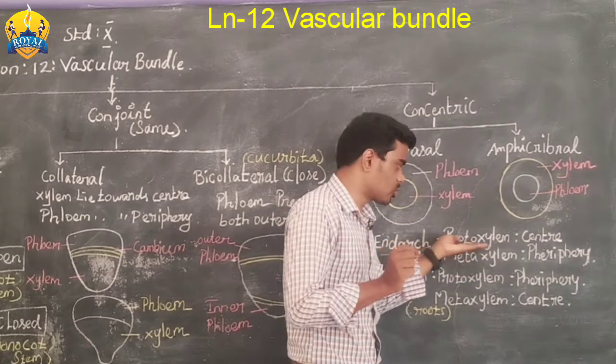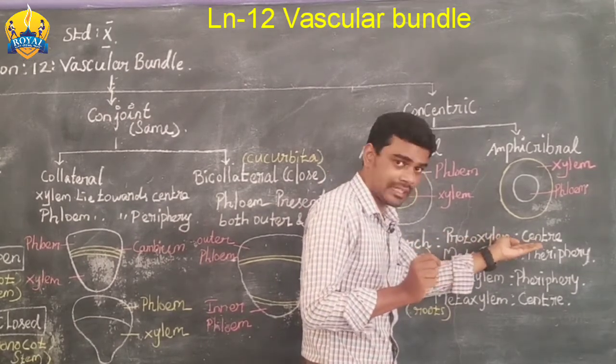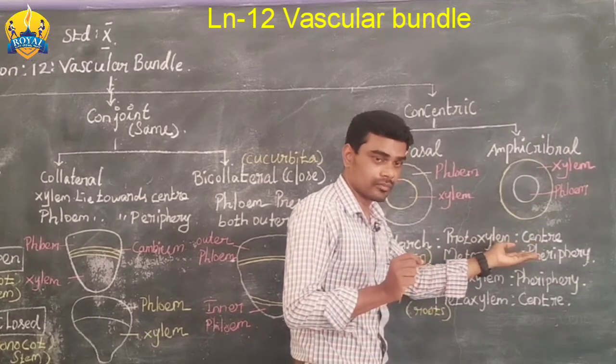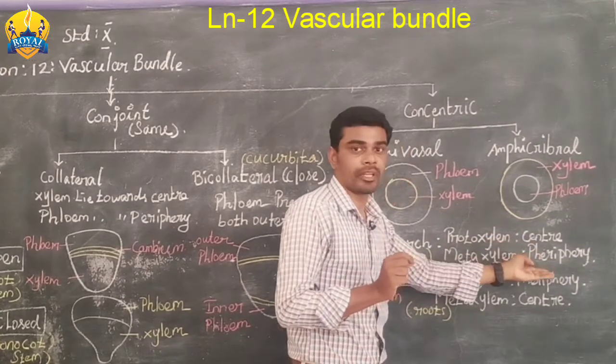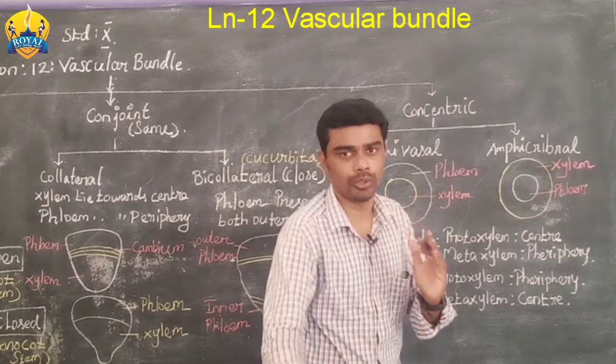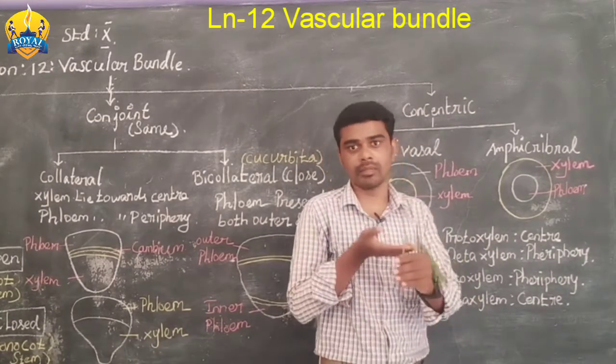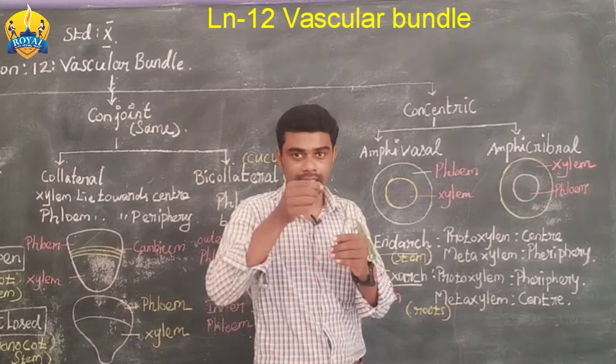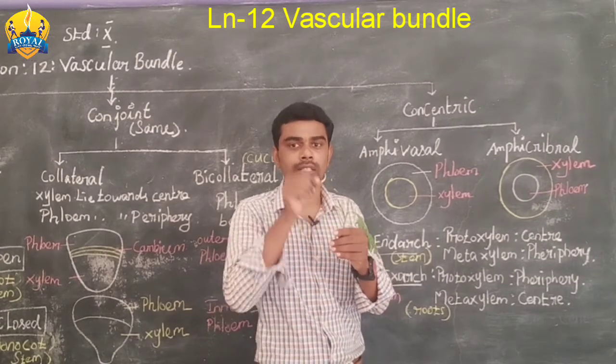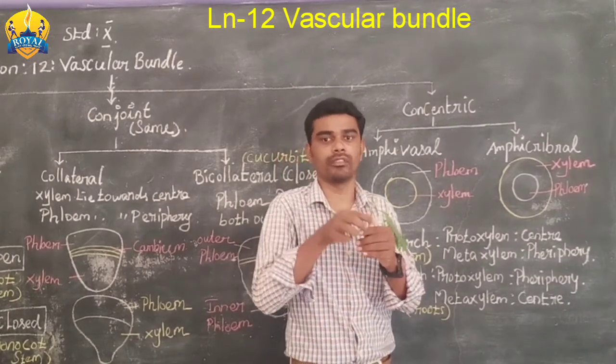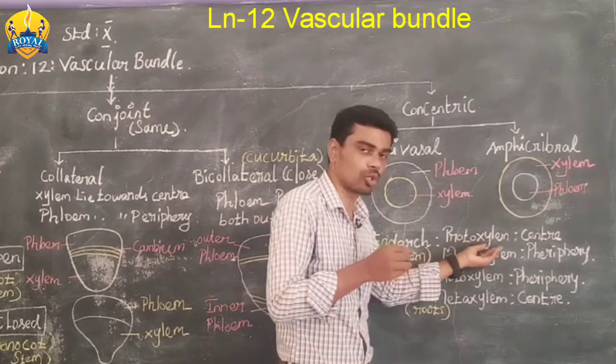So protoxylem is present in the center of the stem, and metaxylem is present in the periphery, the external layer. Already I told you that when we take a stem and take a cross section, the very internal point is occupied by the protoxylem.